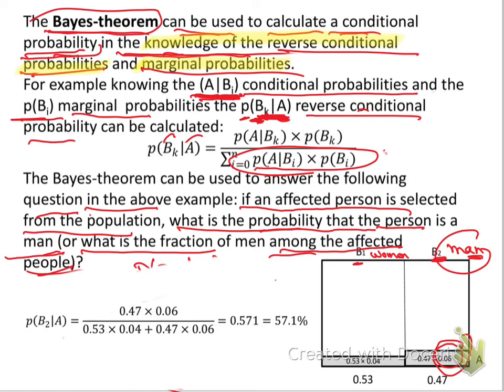And this is the probability that he's a man given that he's affected. As given in the example, it asks for the probability that the person is a man, given that he is affected. I hope this is clear, and we will come in the next video with some examples.